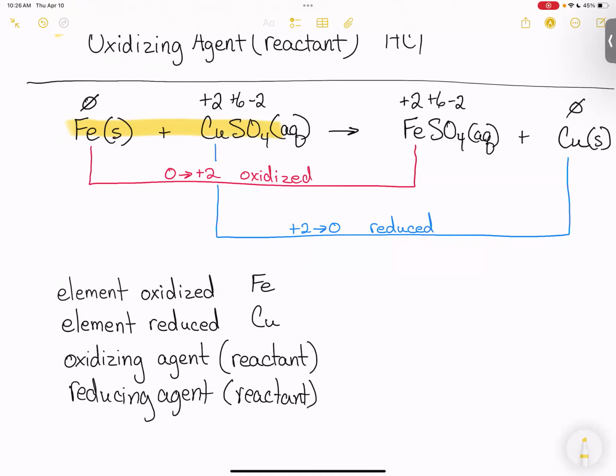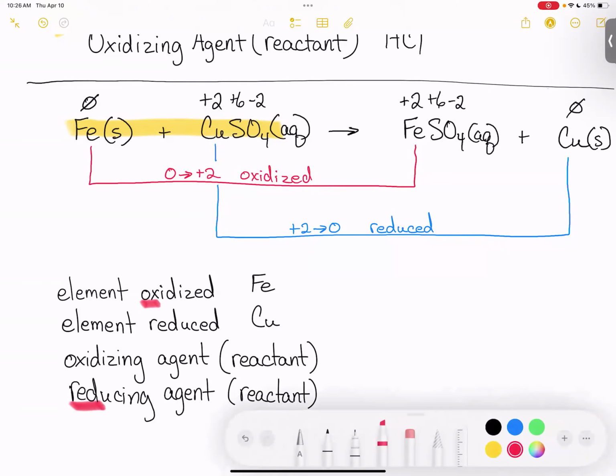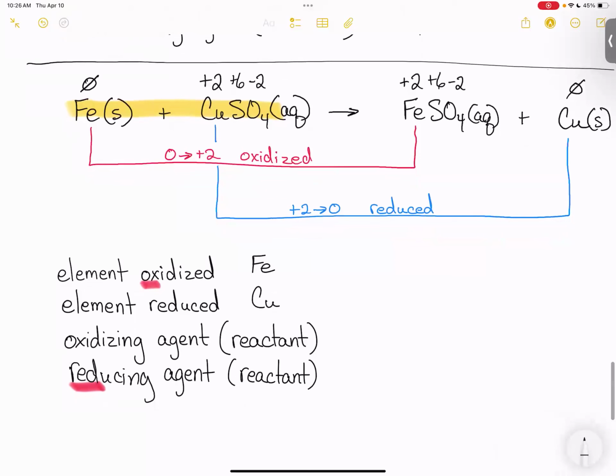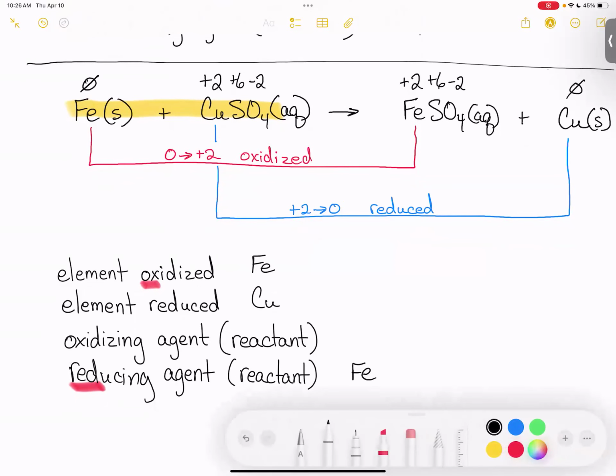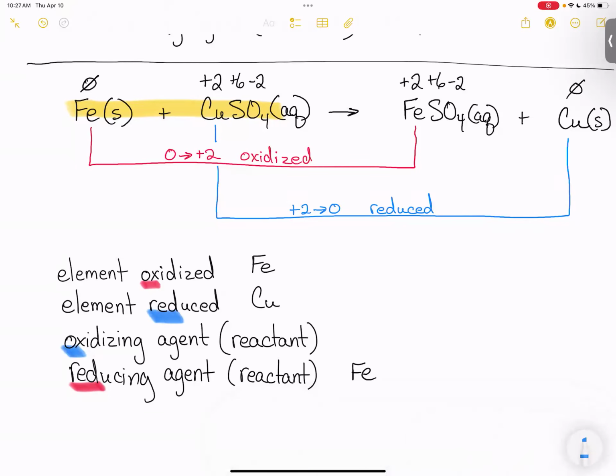Remember, redox goes together. So if it's oxidized, that means that it is in the reducing agent, because redox has to go together. So iron is in the reducing agent. The oxidizing agent has the element reduced in it.